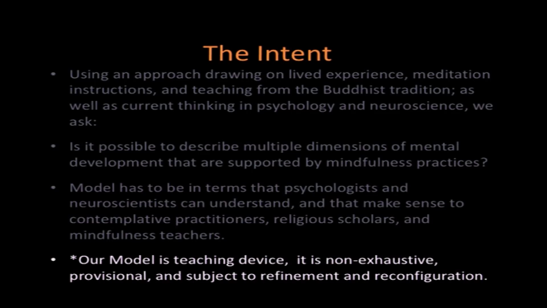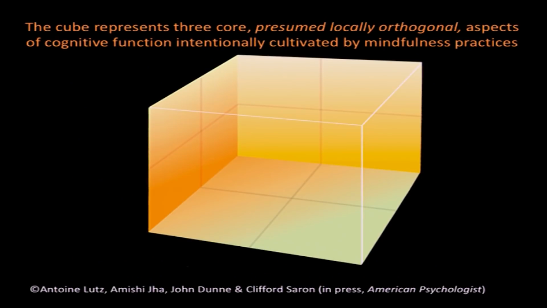And let me say at the outset, this is a heuristic. It's a teaching device. It is non-exhaustive, provisional, subject to refinement and reconfiguration. This is not the way it is. So imagine a cube which represents 3 core dimensions that we presume are locally orthogonal aspects of cognitive function intentionally cultivated by mindfulness practices.